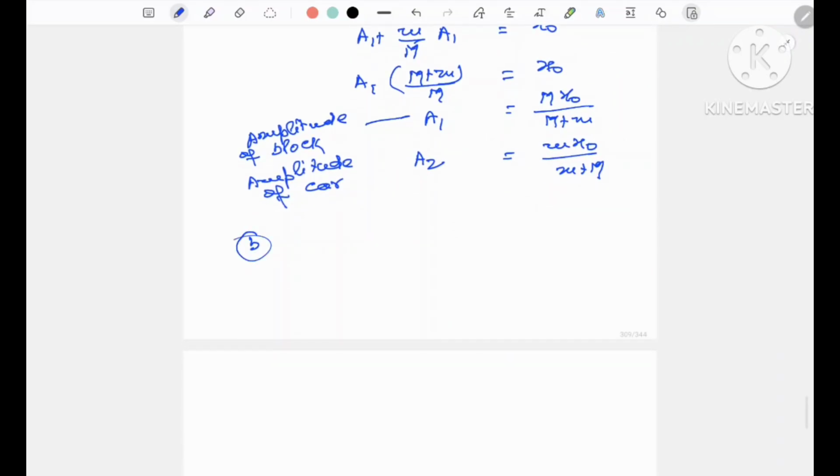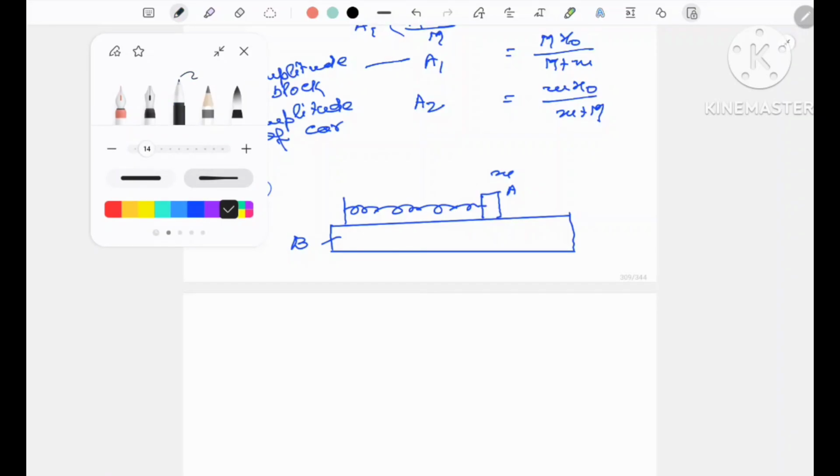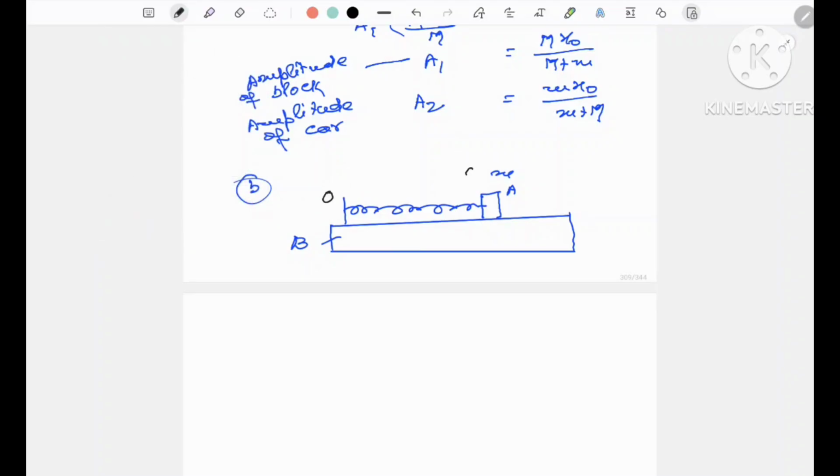B part. This is A and this is B. Suppose at this moment the spring is in its original position.